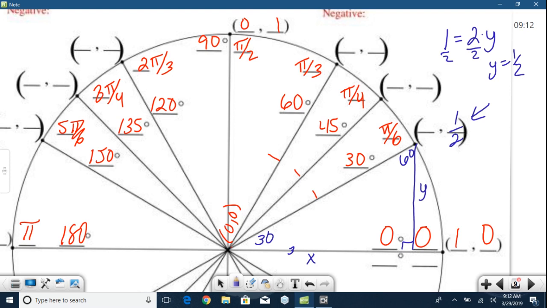Well, if that's the case, my y value is 1/2. My long leg equals the short leg times the square root of 3. So x equals 1/2 times radical 3, which is radical 3 over 2. You're halfway done with the whole unit circle.